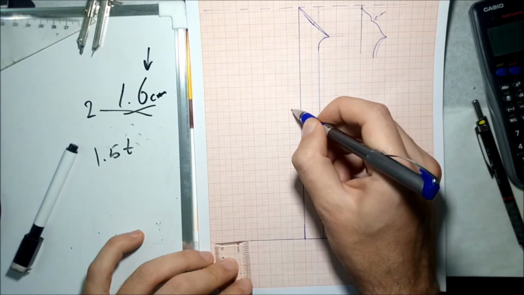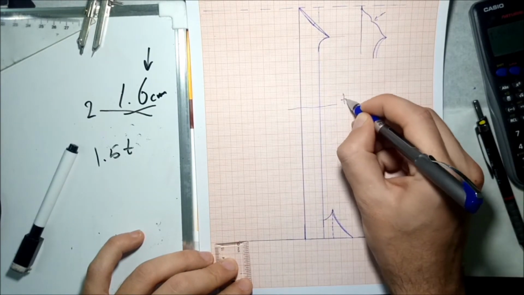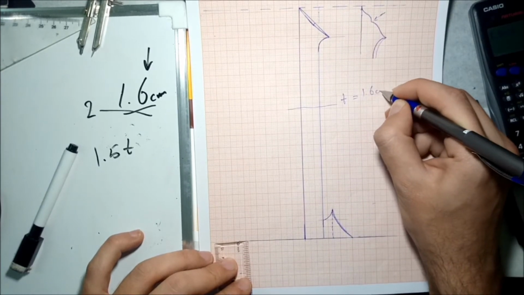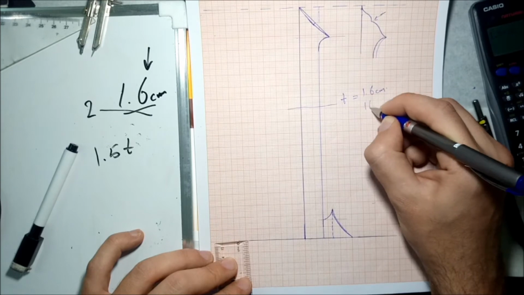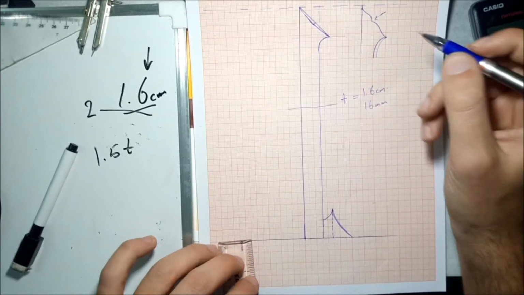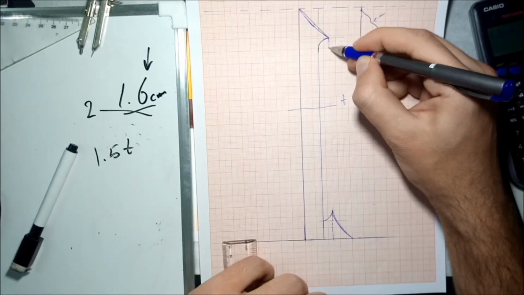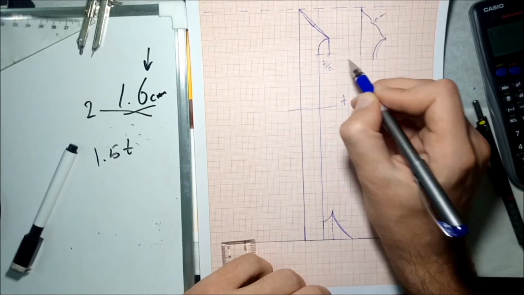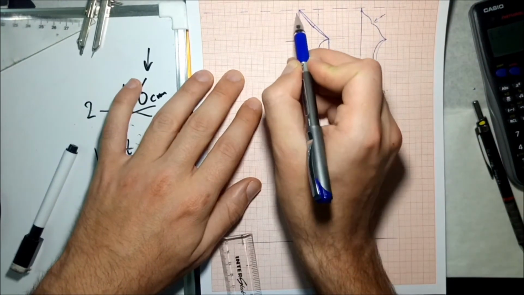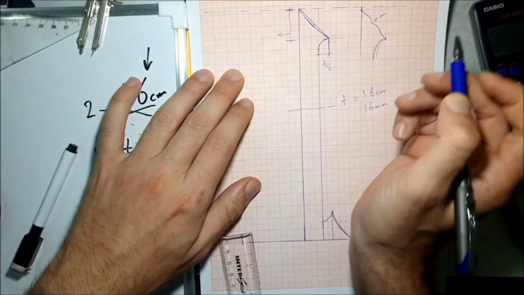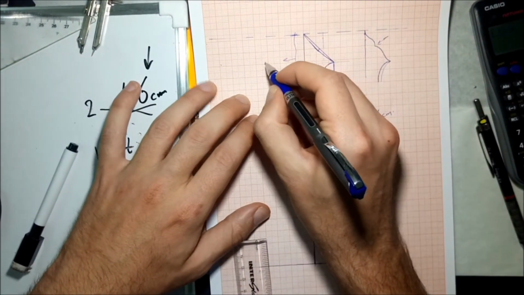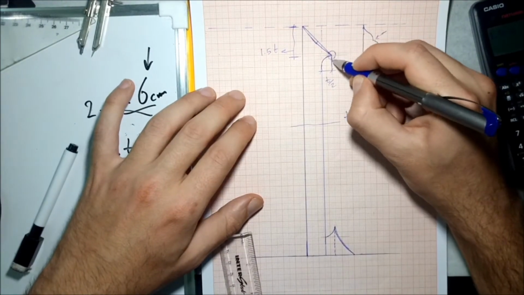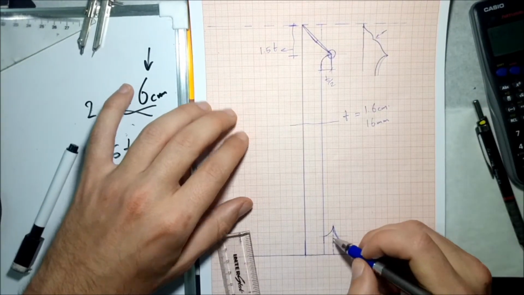Let's just do a quick reminder. This is T, which we took to be 1.6 centimeters or 16 millimeters. Here we've got this line, T over 2. Meanwhile, this line is 1.5 T. That's how we located this point. Here is the same.